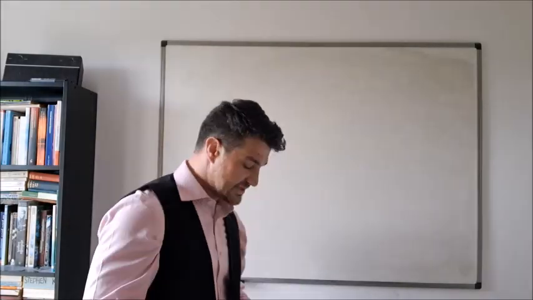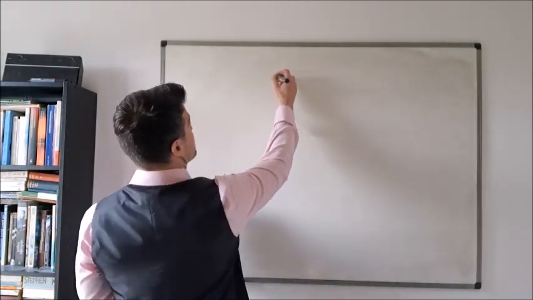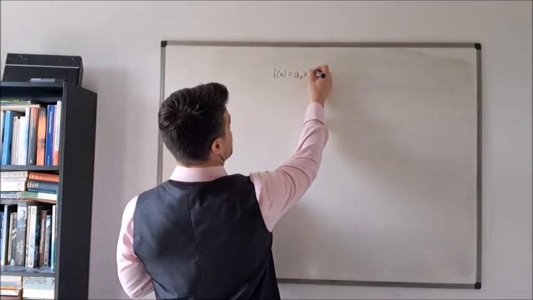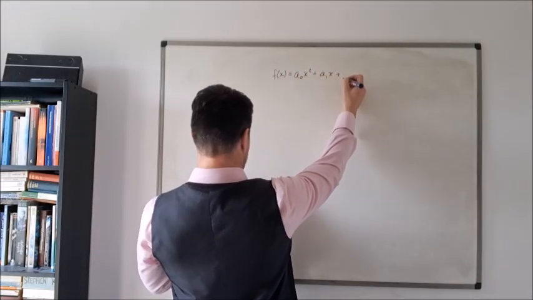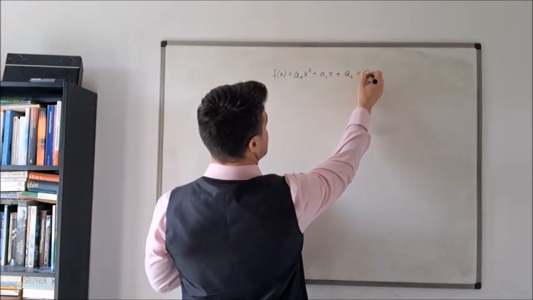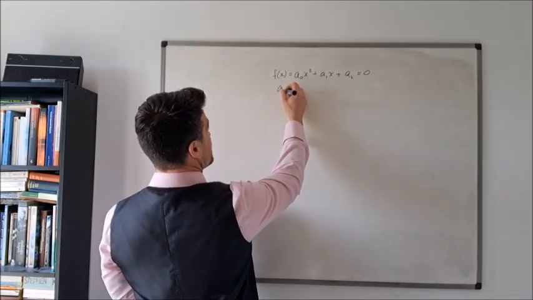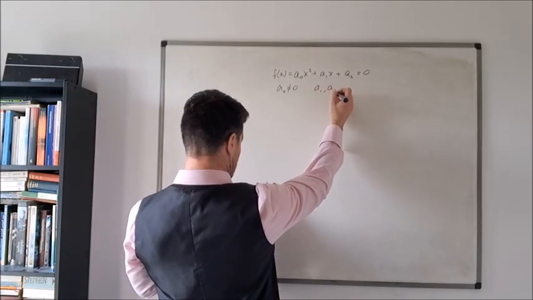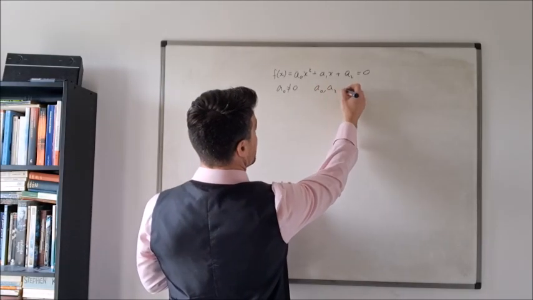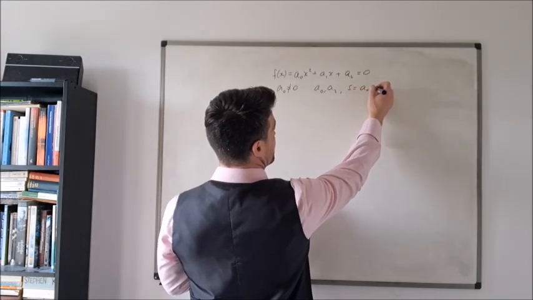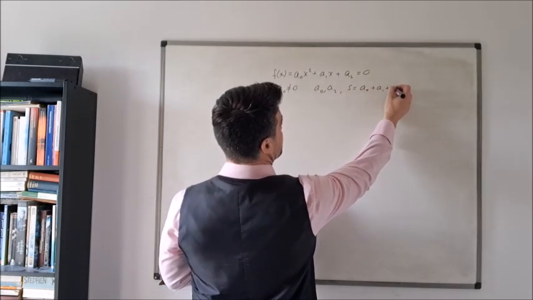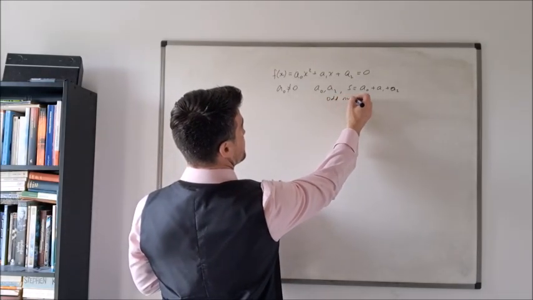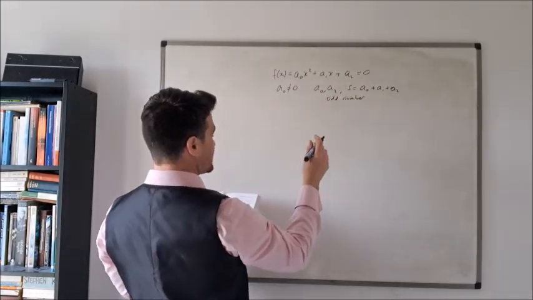What we're told is that f of x is equal to a0 x squared plus a1 x plus a2, equal to 0, such that a0 is not equal to 0, and a0 and a2 and s, which is equal to a0 plus a1 plus a2, are all odd numbers. That's not very well written. So a0, a2 and s are odd numbers.